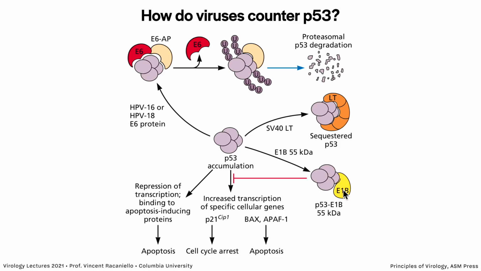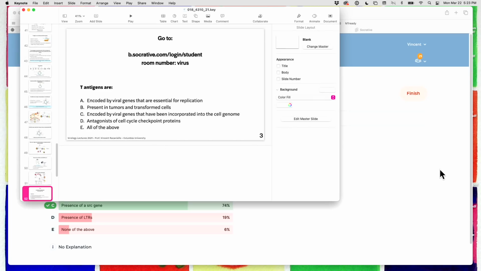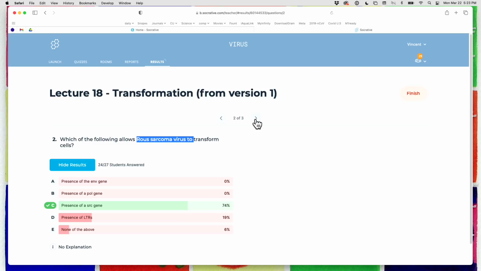And so that prevents P53 from shutting down the cell cycle. And now the cells will divide, and for adenoviruses and polyoma and papillomaviruses, they need that so that the DNA synthetic apparatus of the cell is available to them. I think you can see how this is going to turn into transformation.